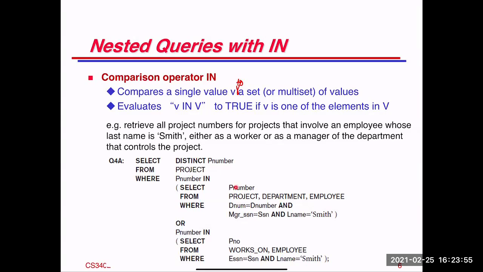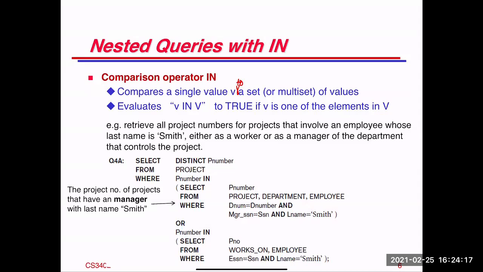Well, we're selecting the project number from the project, department, and employee tables. So we are looking at three tables here. That means we need to join these three tables, and we're joining them along the department number and also along the manager social security number.